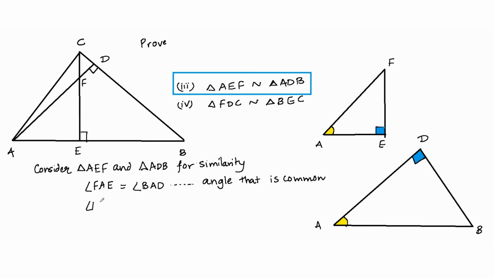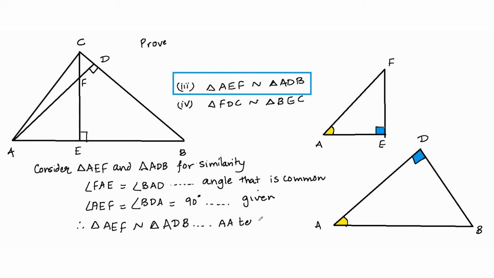And also angle AEF is equal to angle BDA, because both these angles are equal to 90 degree, and that's given to me in the question. Therefore, I can say that triangle AEF is similar to triangle ADB. A corresponds to A. E is 90 degree, so E corresponds to D, and then the third vertex is B. This is by the AA test, and hence proved. So again, pausing for a few seconds before I move on to my next question.